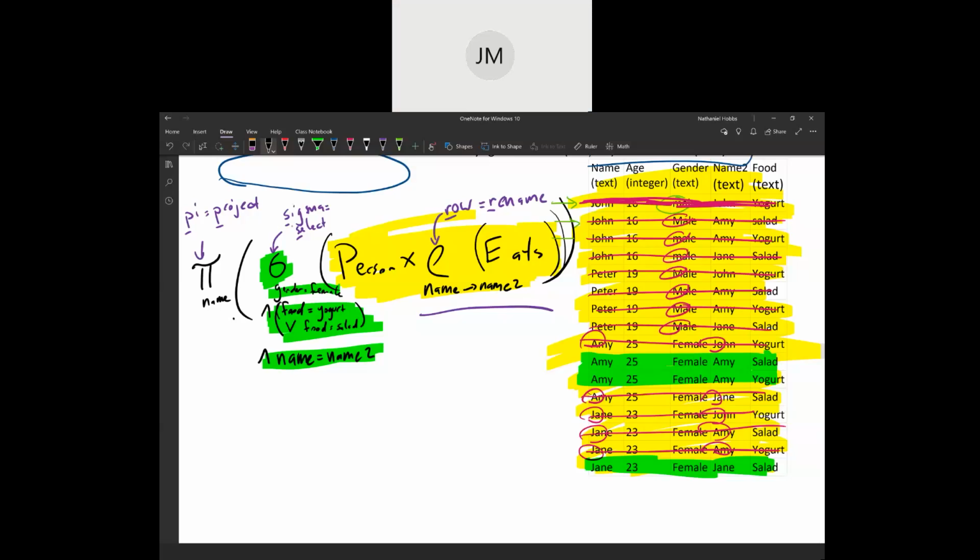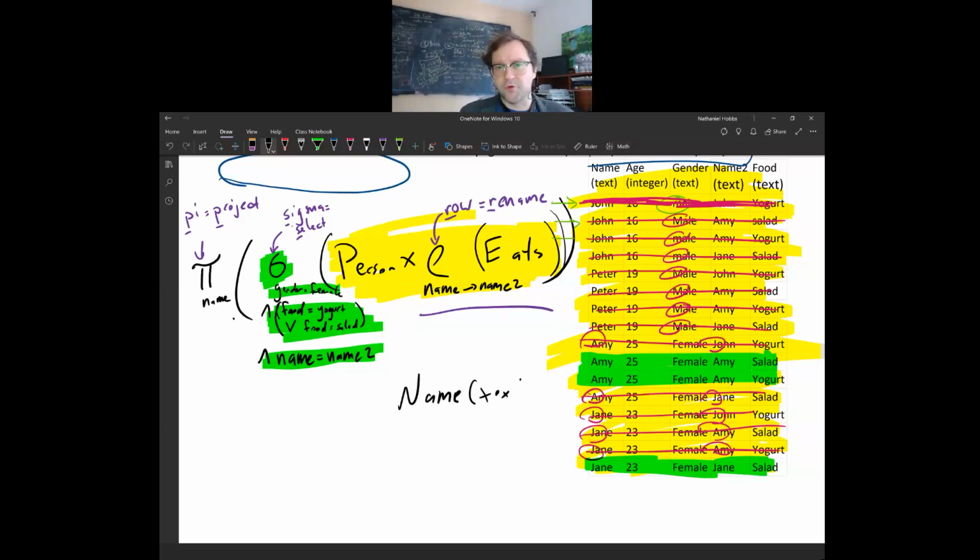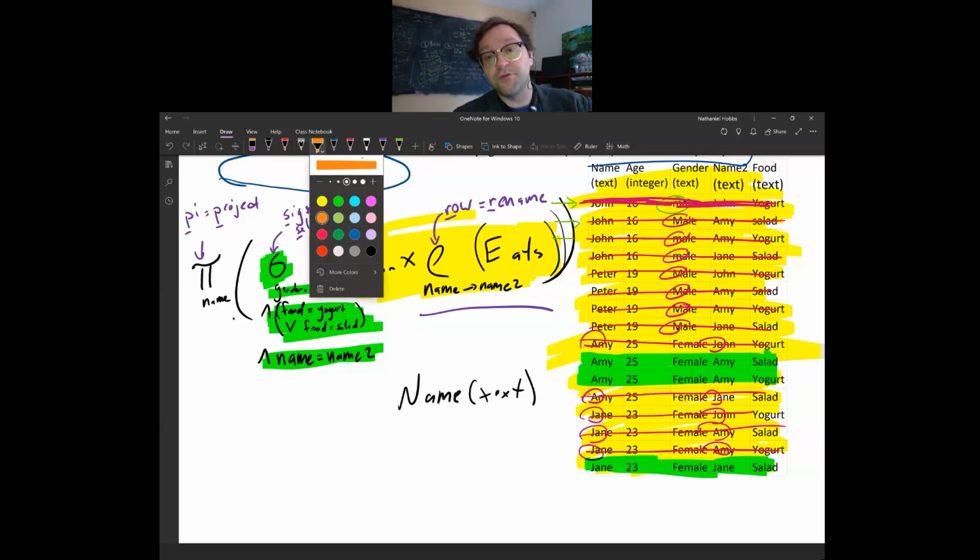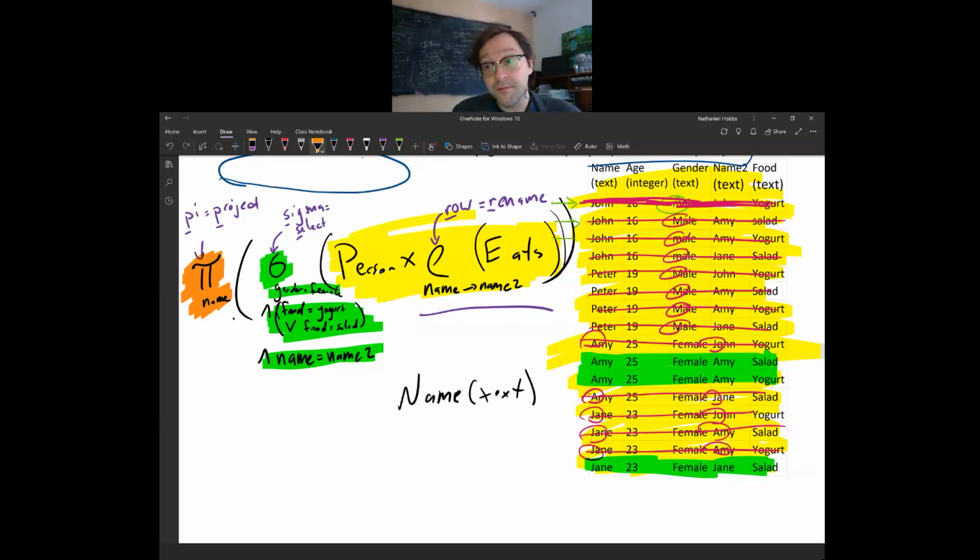Yeah, so it would be, well, actually, there's a small point here. So it'd be name text. So then the project here, let's do this. The project name, what that does is it only keeps this one column, and it throws out all of the other columns. So now it's that relation.